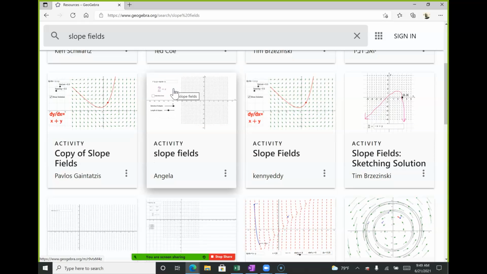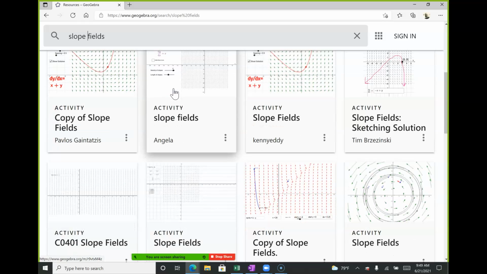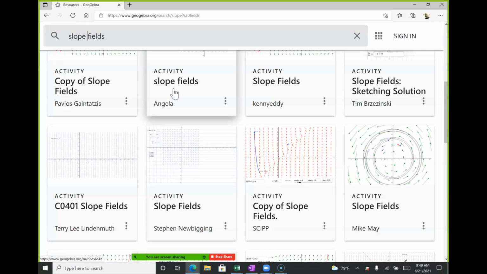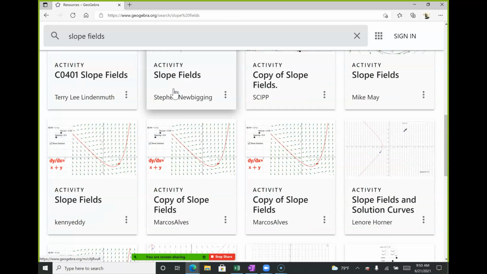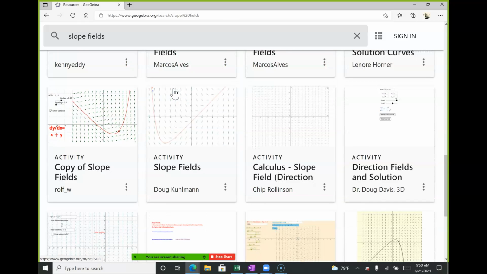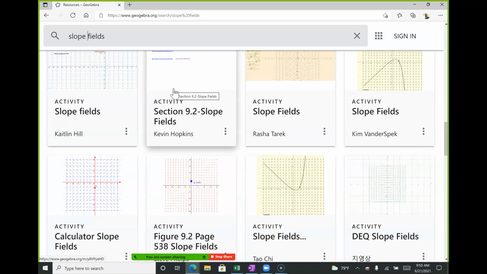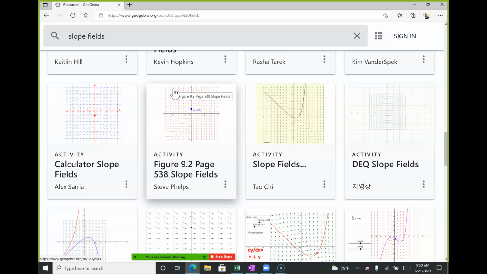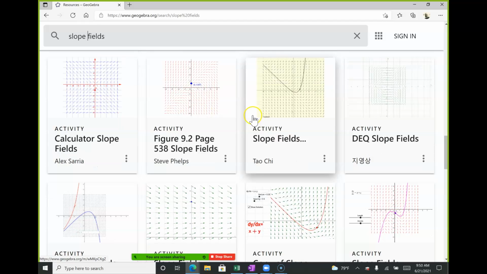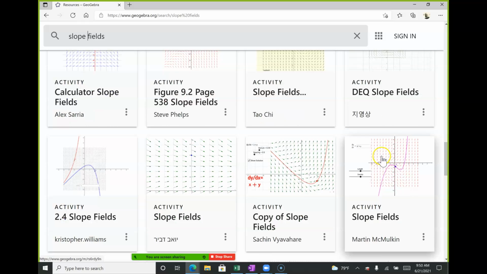It might be Brzezinski. I thought it was someone else. Let me just look real quick. Could be Steve Phelps. Oh no, here it is. No, that's not it. But it doesn't matter. This is the one that looks familiar to me.